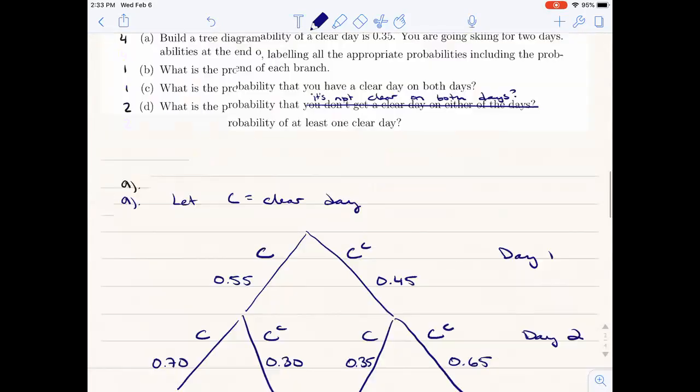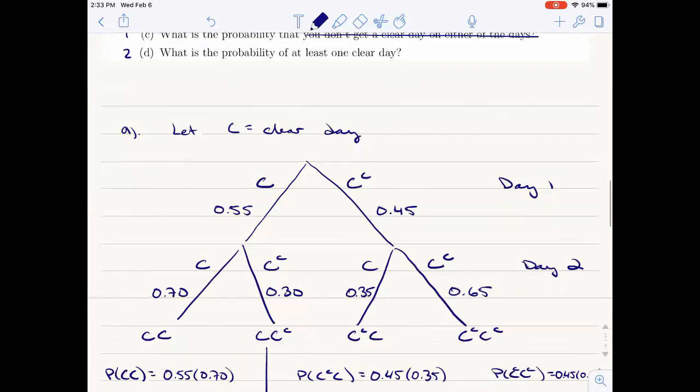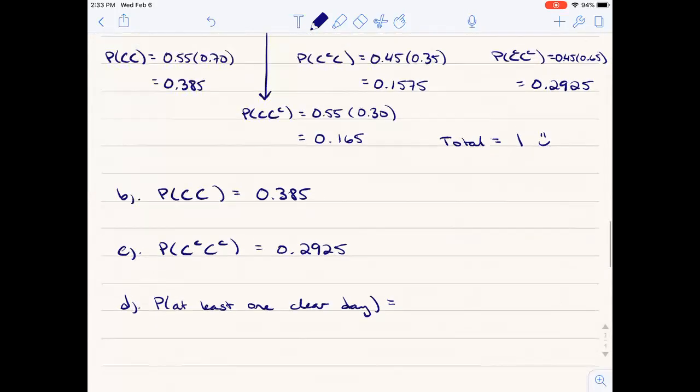Part D, what's the probability of at least one clear day? We have 2 ways of solving this.